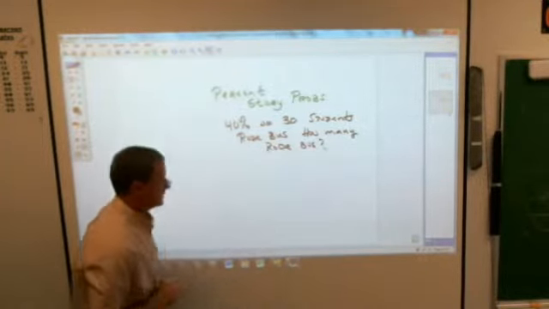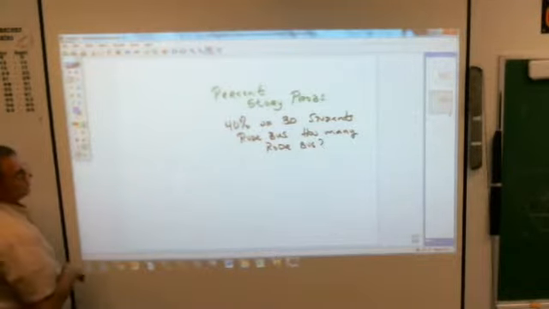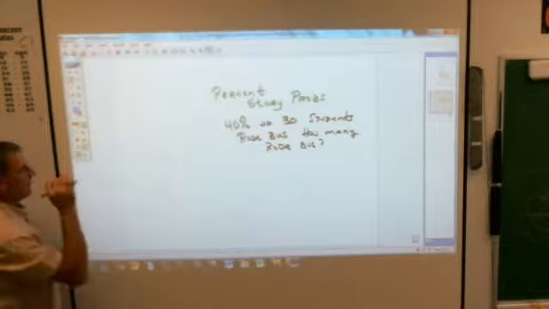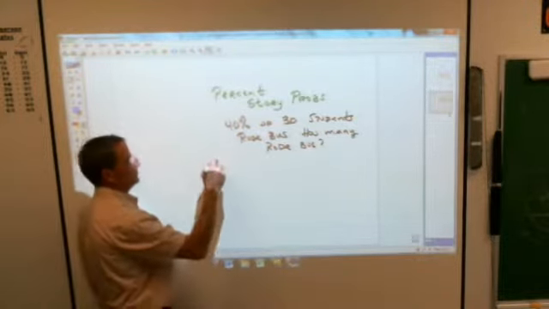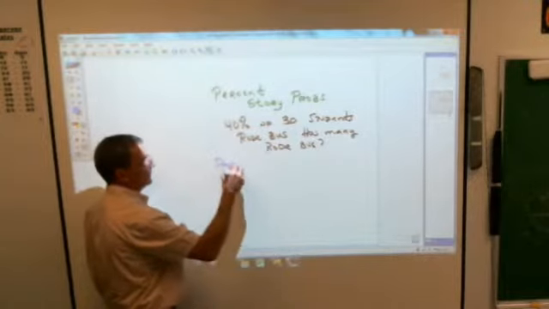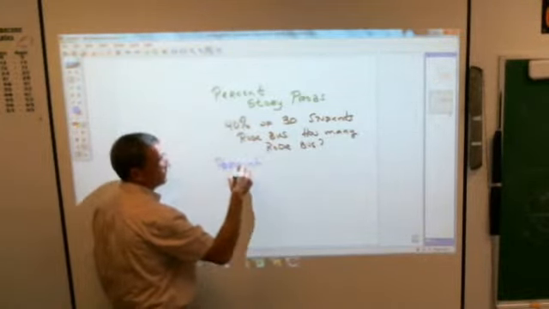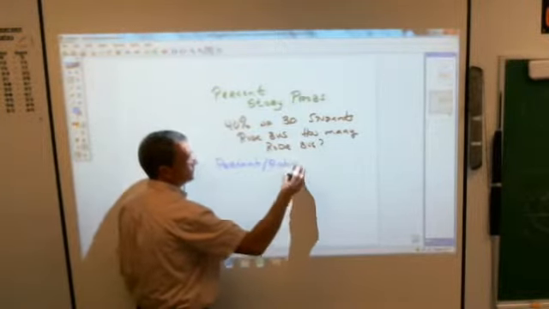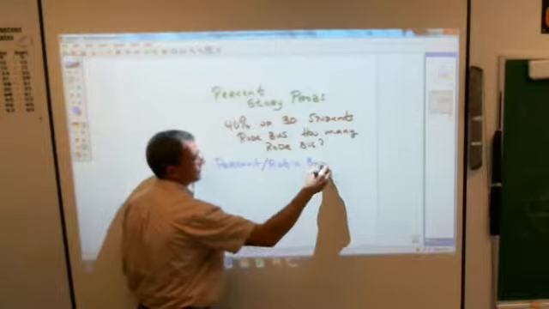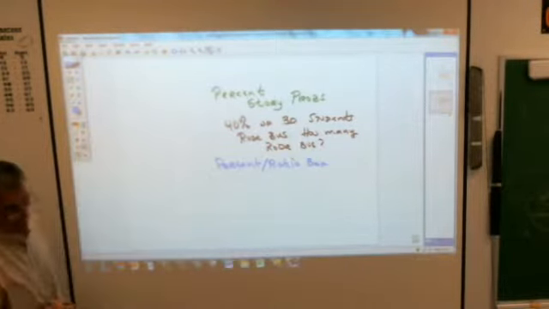When you come across a story problem, this one's kind of an easy one, and you can maybe give me the answer right off the bat. What I very much need to see is you draw a percent slash ratio box, because a percent is nothing more than a ratio.